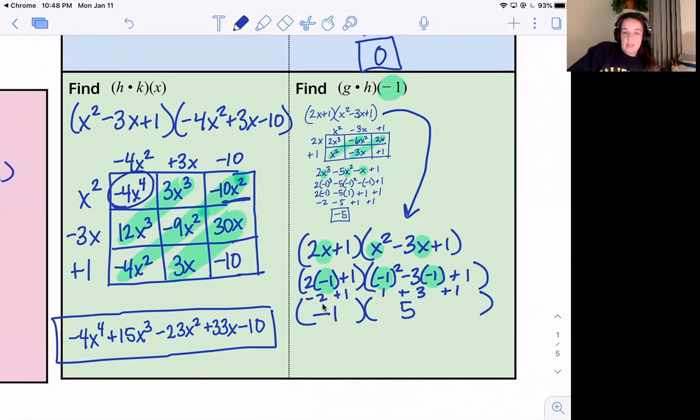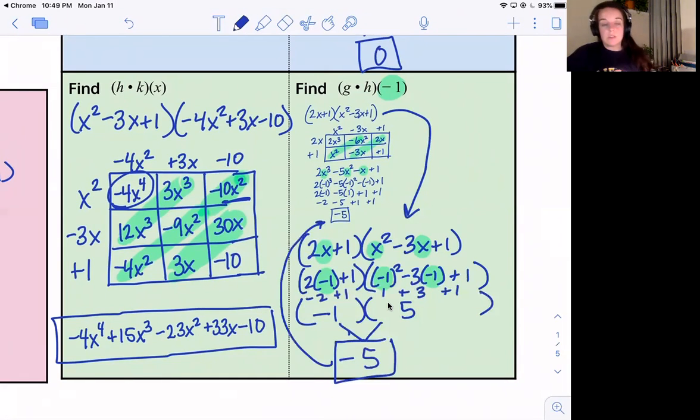So I ultimately have -1 and 5. -1 times 5 is -5, just like we saw right here. So you can decide if you want to multiply the two functions together and then plug in the number, like we did in the first section, or if you want to plug the number straight in and then multiply them together. As you can see, I think it's actually slightly less work to do the second method. So you can check that out.